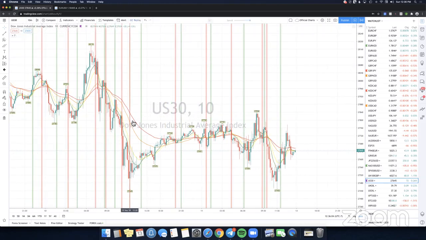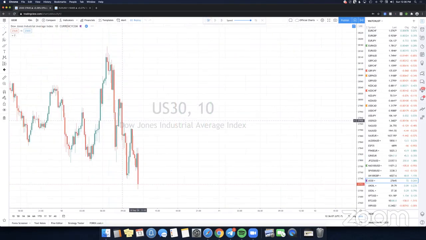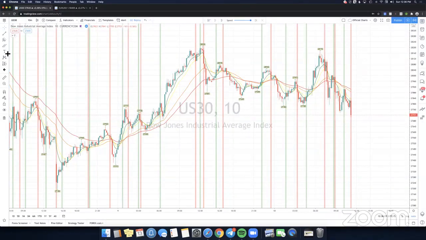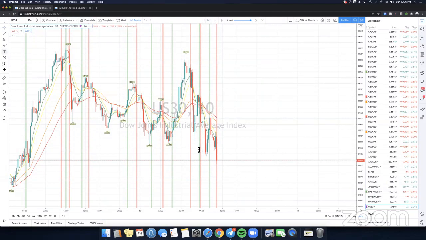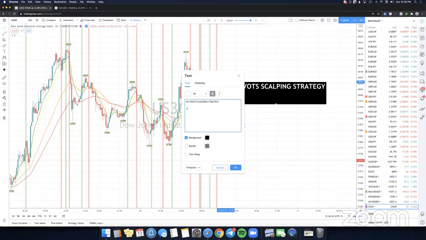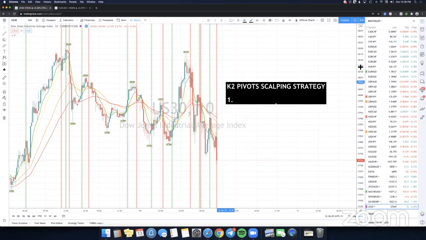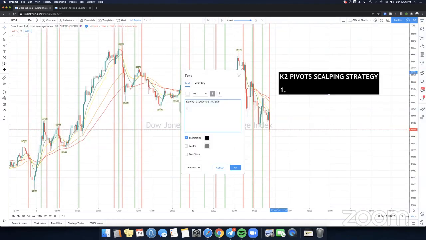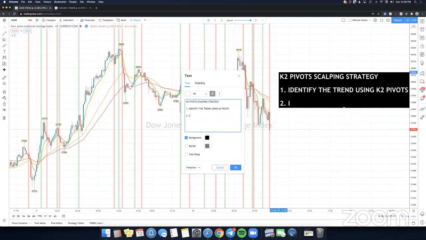So I'll show you real quick how this works. I'll give you the requirements here. So for one, this is the K2 pivot scalping strategy. Let's close this over here. The first requirement is that you identify the trend using K2 pivots. Second, you're going to identify a retracement or pullback.